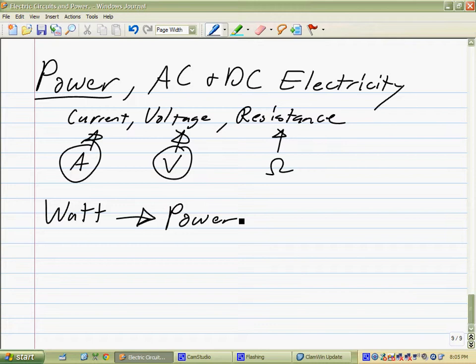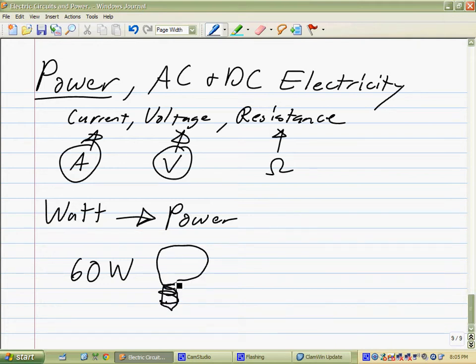So what is power? Not only that, when you buy appliances, when you buy something in the store, you buy a refrigerator, you buy a light bulb, everything, they tell you how many watts it uses. Like you buy a light bulb, and you can buy an incandescent, old school glass light bulb. Those are typically 60 watts. So that's a regular old glass light bulb. One of those large ones that you probably have in a lamp at home.